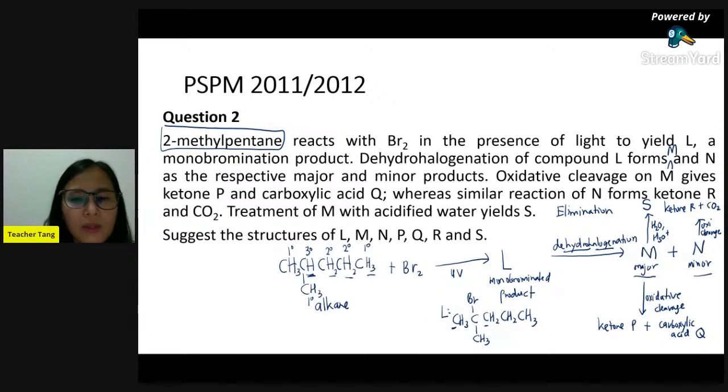If you eliminate from this carbon, then your double bond will form between the first and the second carbon.